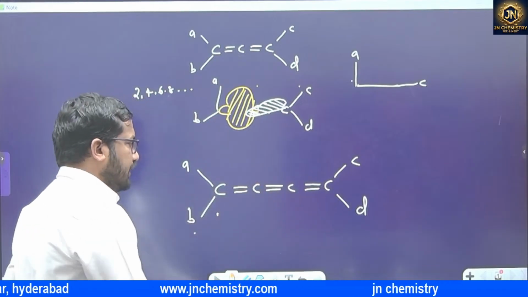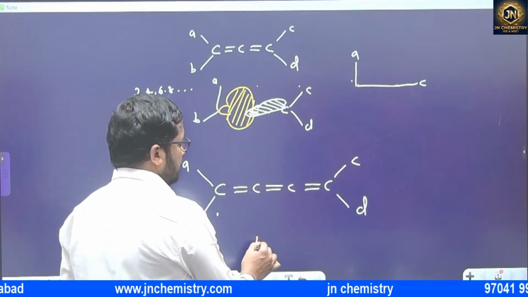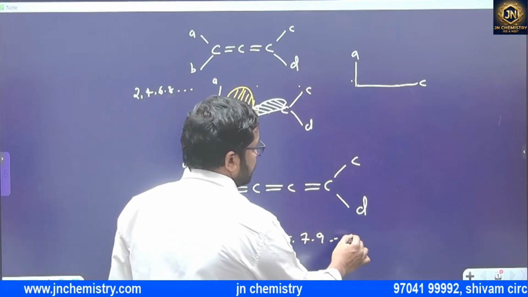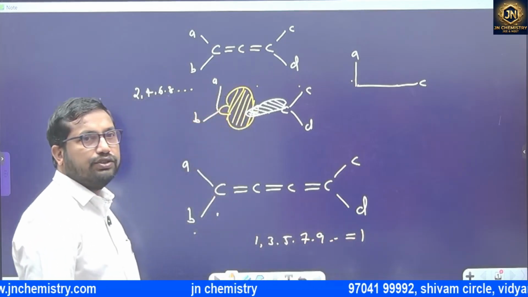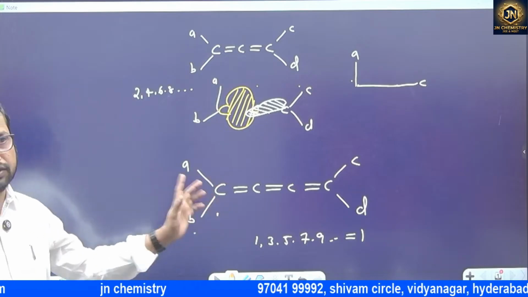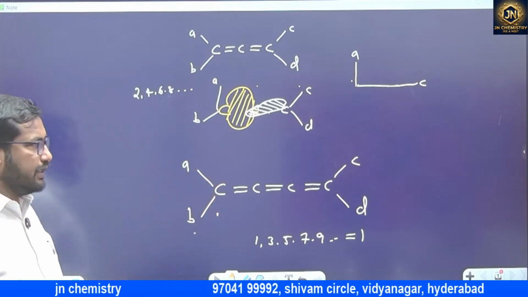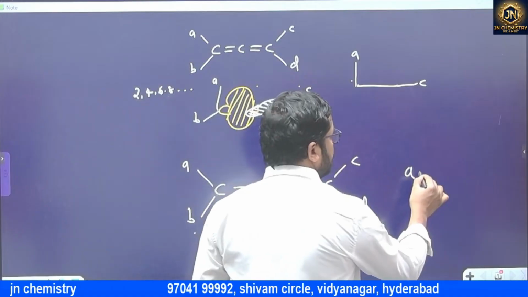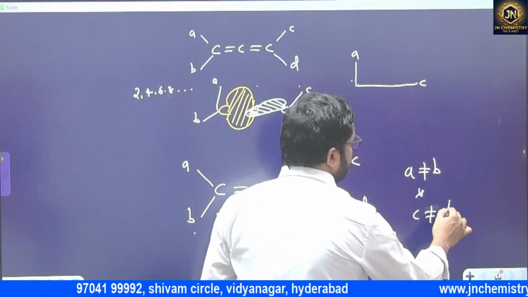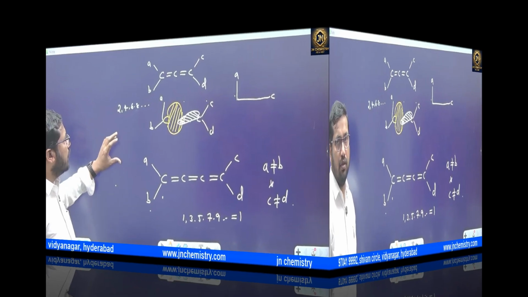So either one double bond or three double bonds or 5 or 7 or 9 and so on, they'll show geometrical isomerism, and A is not equal to B and C is not equal to D, only then it applies. The condition is A should not equal B and C is not equal to D. Write it down right now.